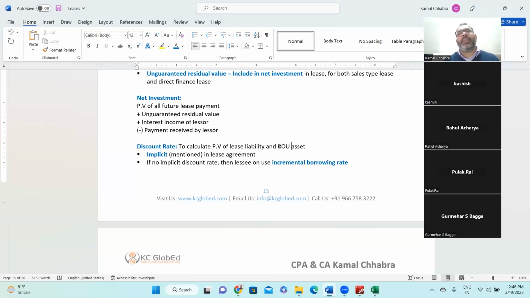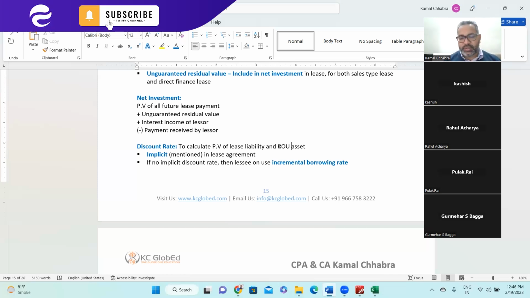That is called incremental borrowing rate. Make sense? For example, the JCB machine is $100,000. If I take that 100,000 loan from the bank to purchase that JCB machine, at what rate of interest would the bank have provided me that loan? It's called incremental borrowing rate.